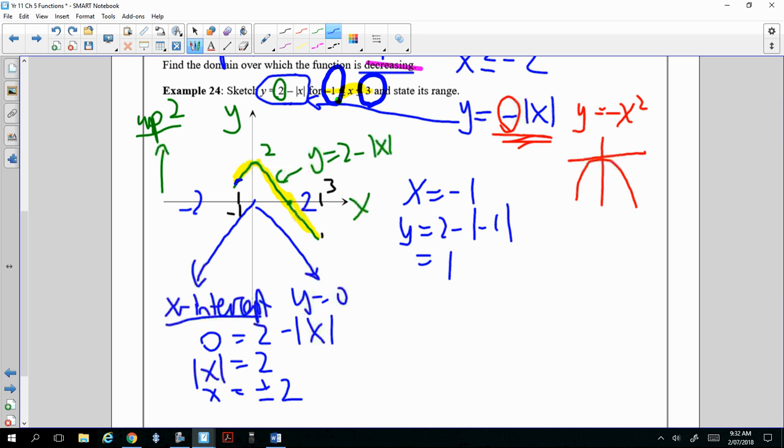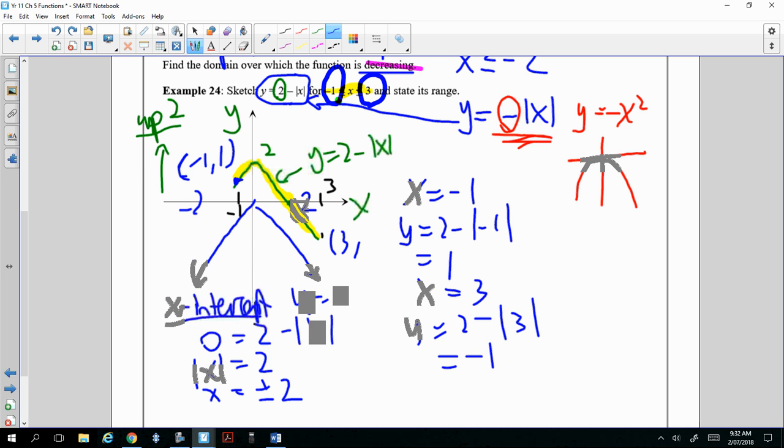And then the next bit, 3. You get when x is 3, y equal to 2 minus absolute value of 3, which is -1. Okay, good. We'll get the endpoint. Yeah, we should have done that earlier. And then you know where it starts, where it ends.